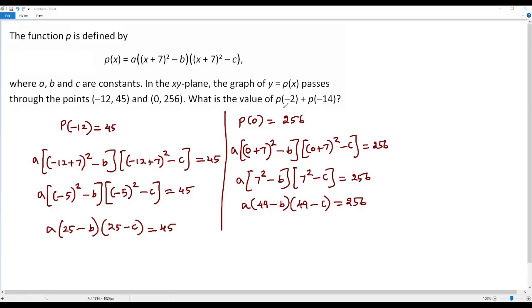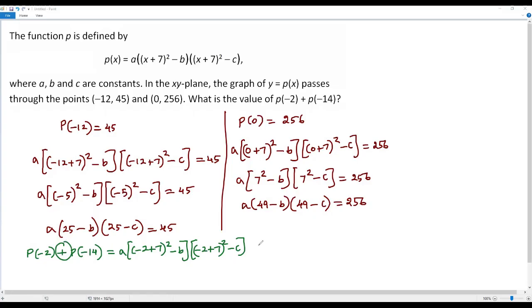Okay, our aim is to get the value of this expression, that is p of -2 plus p of -14. Okay, let me write over here p of -2 plus p of -14 equals. Now to get p of -2, we have to plug in this -2 for x into the given function. Then we get a times (-2 + 7) squared minus b times (-2 + 7) squared minus c.